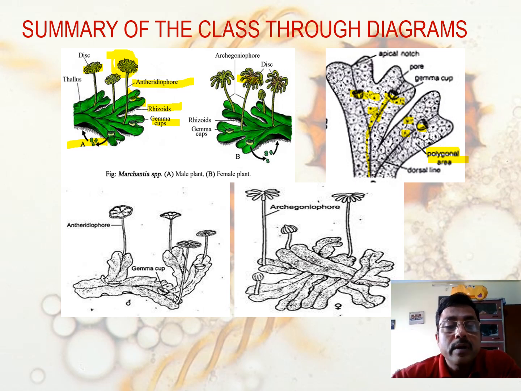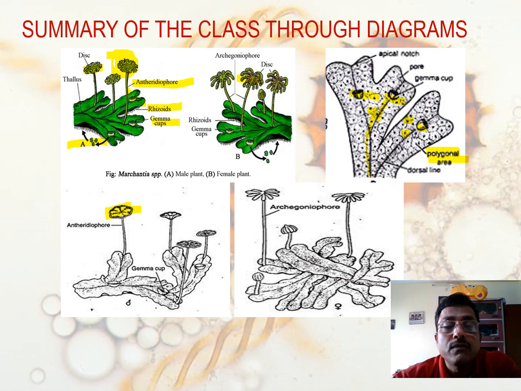Coming to this diagram now, this is the dorsal view of the thallus. It is almost the same structure as this, but here we see the antheridiophore in a somewhat enlarged view. This is the antheridiophore.